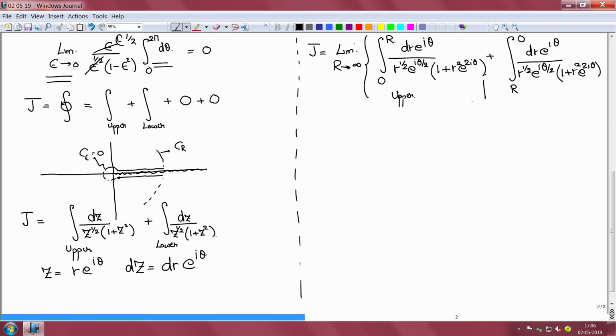Here theta is equal to 0. Okay. This is theta 0. Theta is 0 here. And here theta is equal to twice pi.